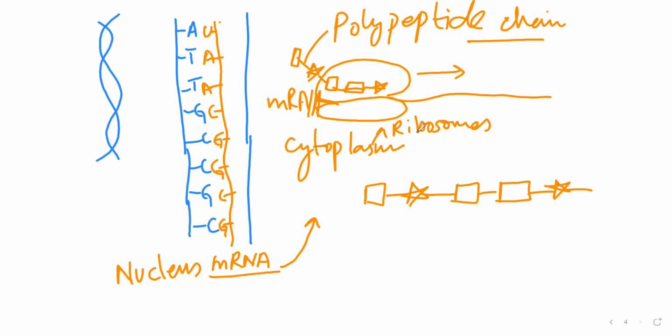And its sequence is dependent on the DNA base sequence, right? So this is how a protein is formed from different amino acids joined together in a particular sequence that makes a protein different from other proteins. I hope that's clear to you, how protein synthesis takes place with the messenger RNA.